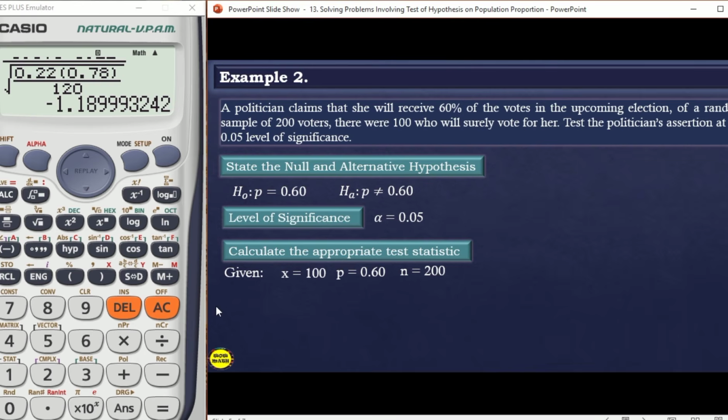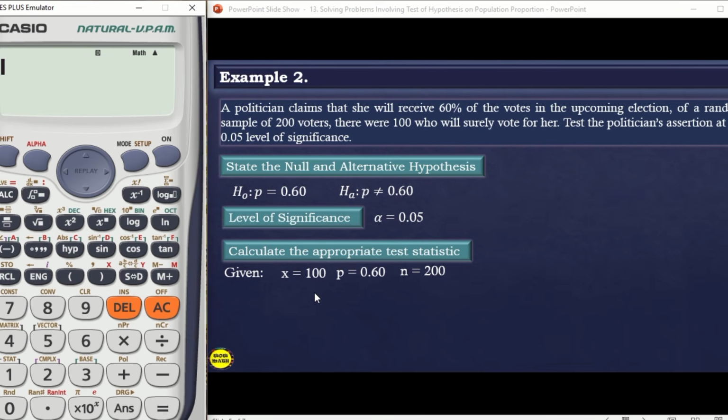Ang una natin makukuha dito is yung sample proportion. Using our calculator, that is 100, or kahit di nyo na pala gamitan ng calculator kasi 100 divide 200, so 1/2.